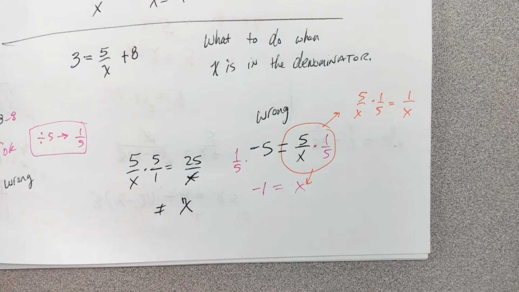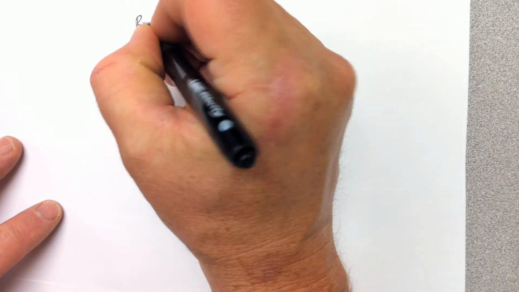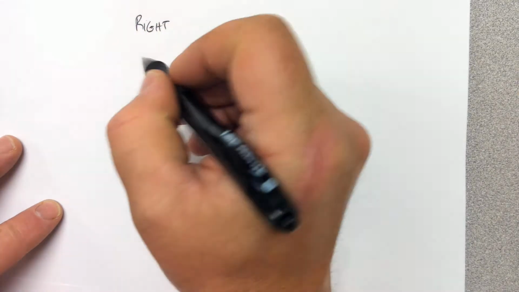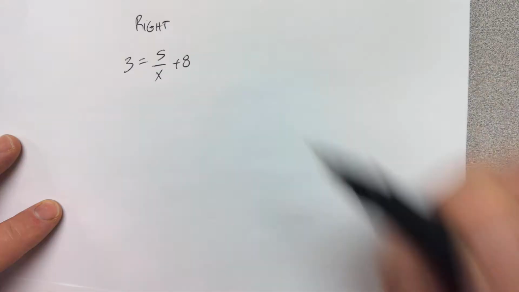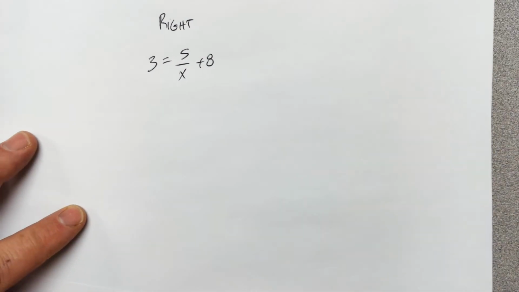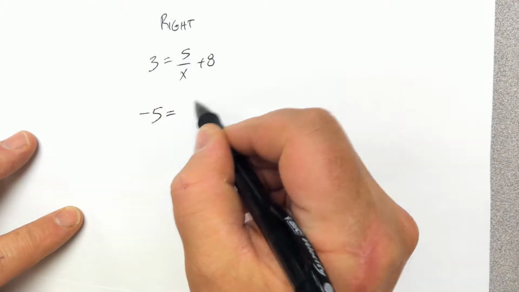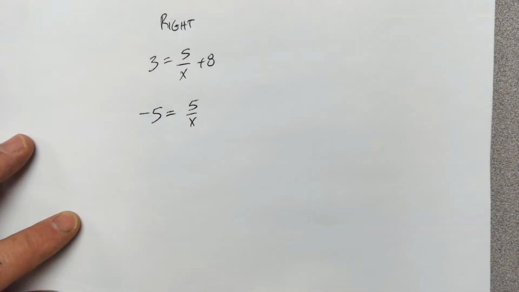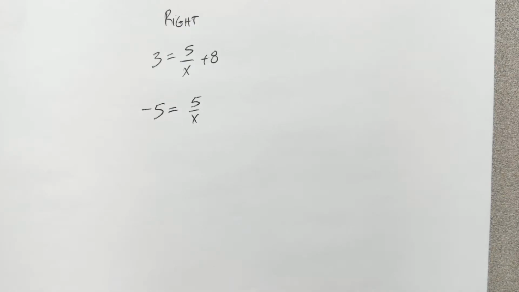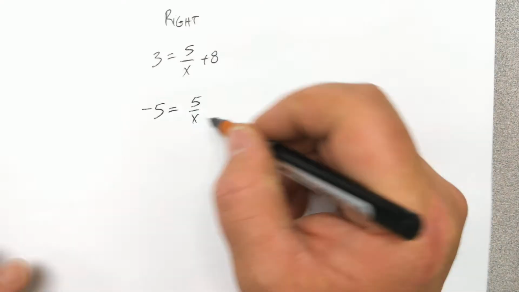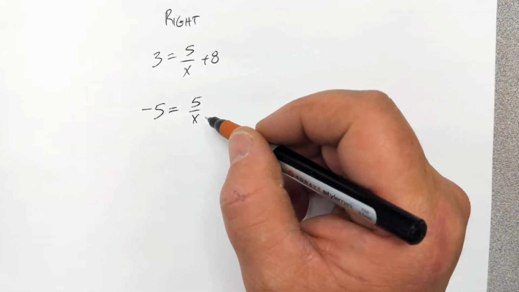Okay, so let's do it right now. You ready? Okay. So here's the right way. Subtracting 8, no problem. You might make a mistake with your sign, but I think everybody can do that part. The thing is, this is really 5 divided by x.